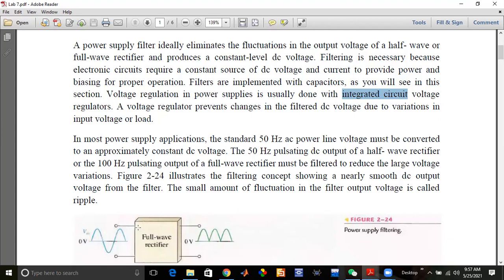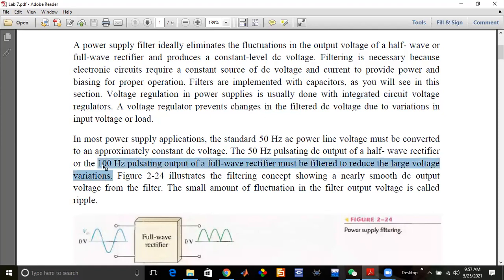The 50 Hz pulsation of the DC output of the half-wave rectifier, or the 100 Hz pulsation output of the full-wave rectifier. You know that in a half-wave rectifier the input and output frequencies are the same, 50 and 50. But in the case of a full-wave rectifier, the input frequency is 50, so the output fluctuation frequency will be 100. It is double. So this pulsation must be removed. It must be filtered to reduce the large variation.